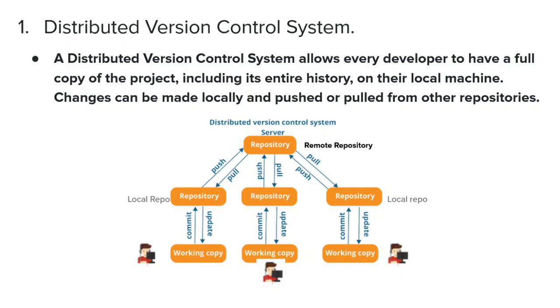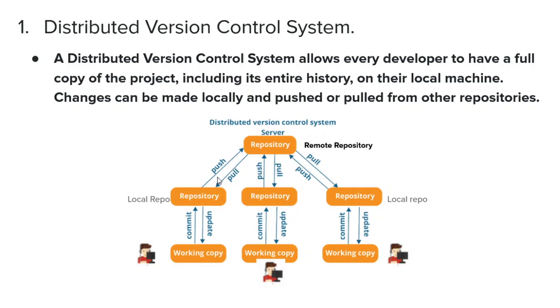That will be the centralized distributed version control system server, a common repository for all the developers. So every developer will have the working copy and local repository in their system, and they can take the latest code from the remote repository. That is the high level we saw in the last session.